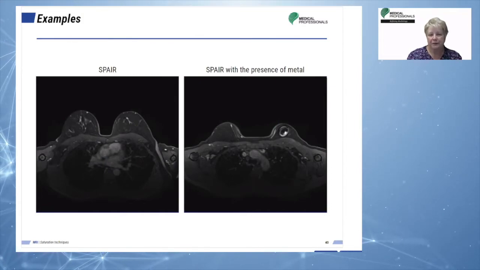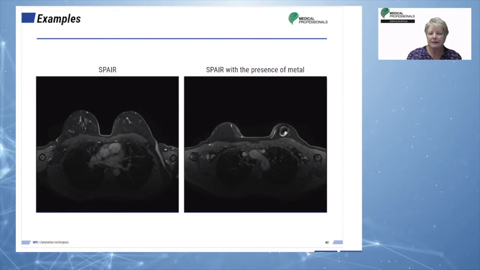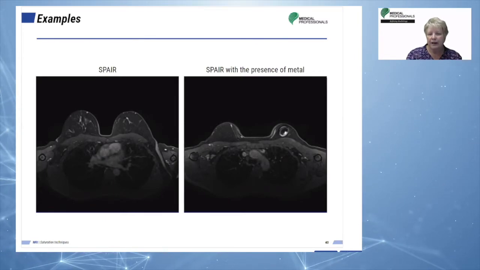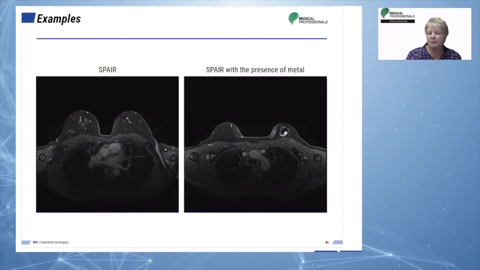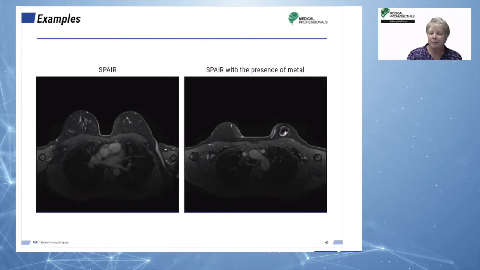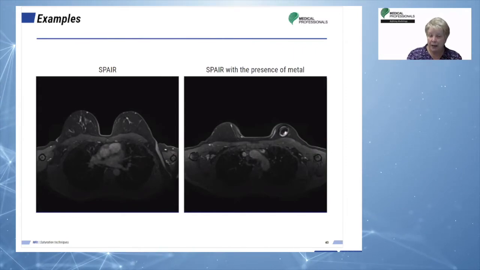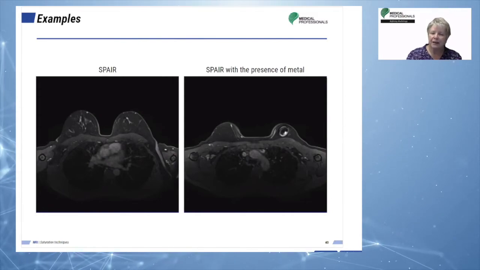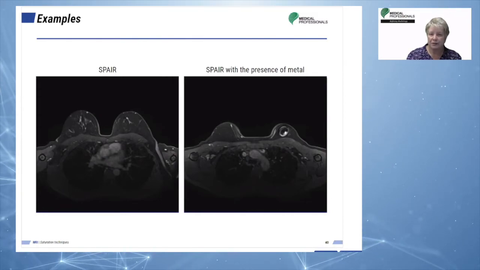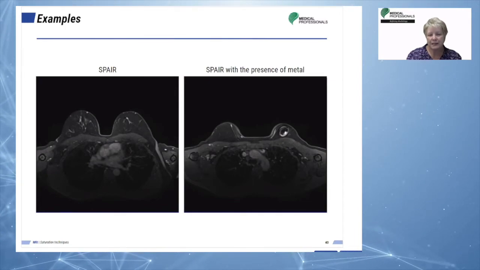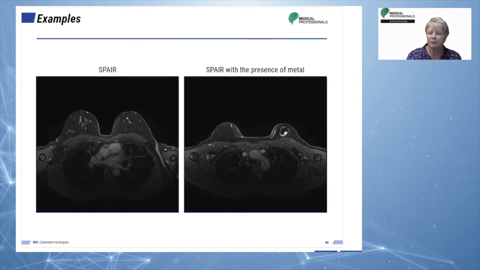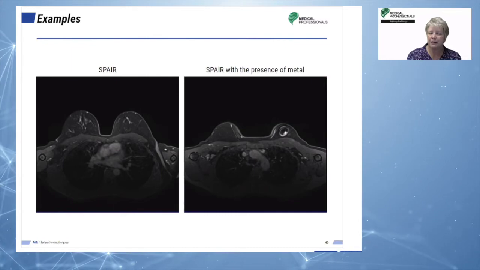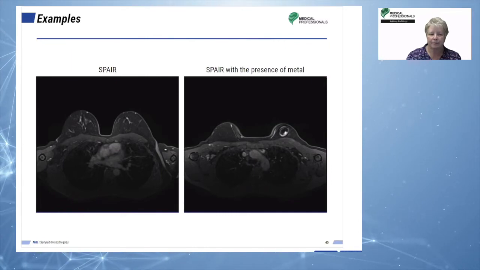We know SPAIR is good for that. The second reason is the metal marker. This patient has a metal marker that was placed inside that patient after a lumpectomy. The metal creates susceptibility artifact and also does not allow for proper saturation. However, as we discussed, the SPAIR technique is a great option when proper saturation is difficult.